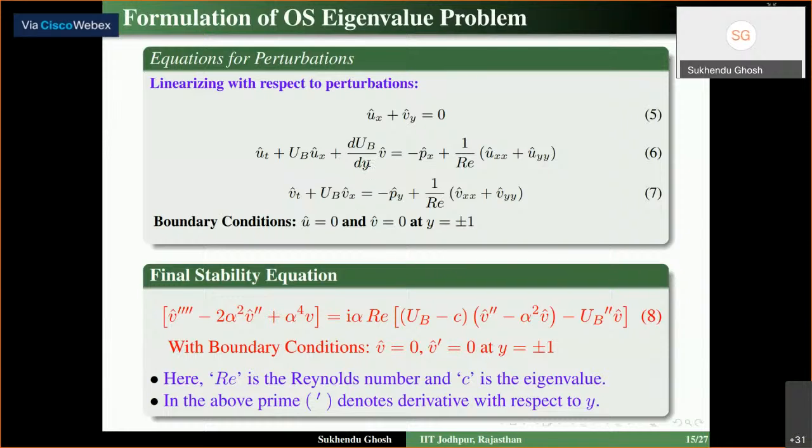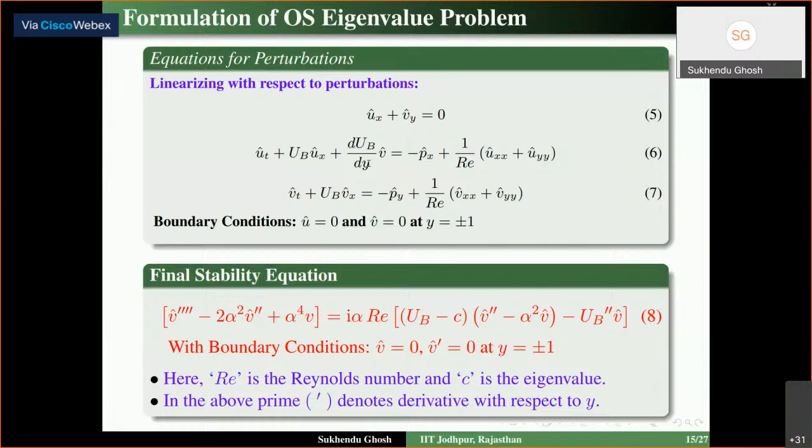The difficulty level has changed from non-linear to linear, but there are still some difficulties in solving this kind of equation. So our next aim is to decouple them, or to transform them to an ordinary differential equation.